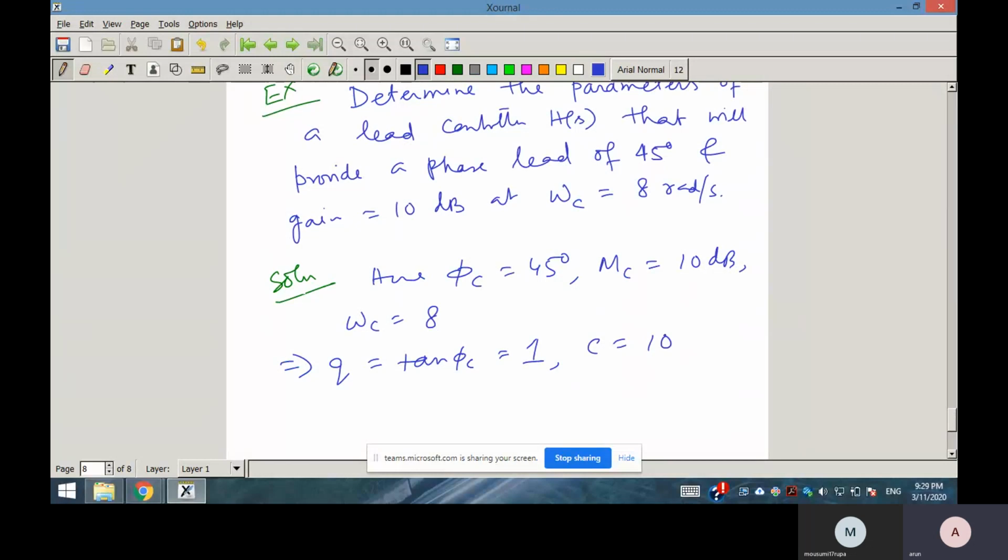C equals 10 to the power MC by 10, which is 10. So what is the condition? C greater than Q square plus 1 is satisfied. So this means a lead compensator exists.